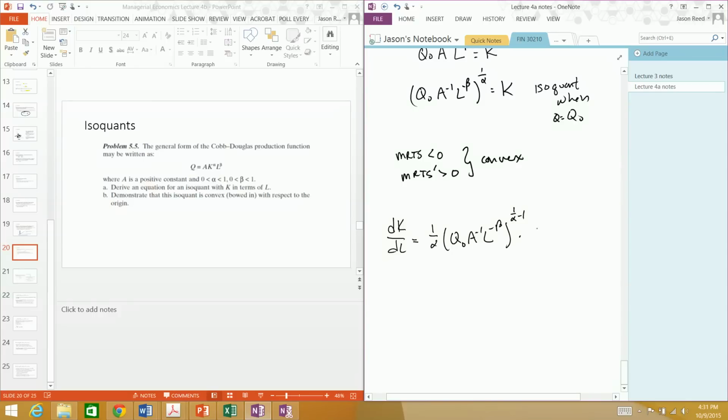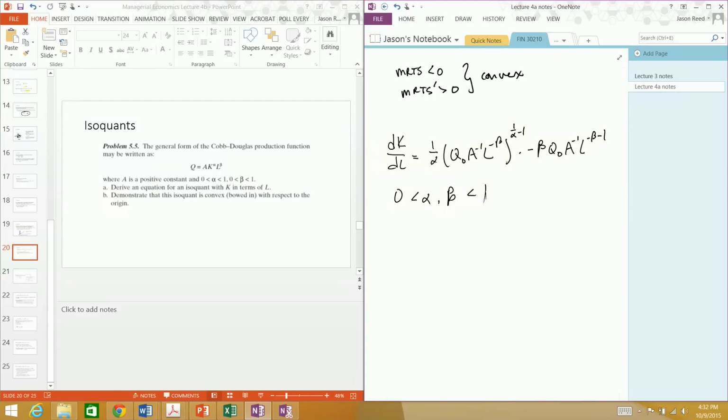The derivative of the inside with respect to L is negative beta Q sub naught A to the minus 1 L to the minus beta minus 1. So how do we know that this is less than 0? Because we know that alpha and beta have to be between 0 and 1. We also make the economic leap that A, L, K, and Q are greater than 0.